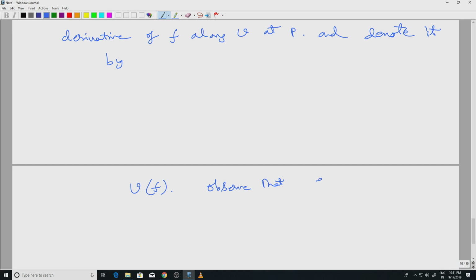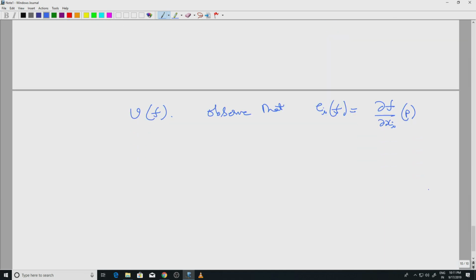Observe that ei of f in this notation is just del f by del xi at p. So the notion of a directional derivative is a direct generalization of a partial derivative.